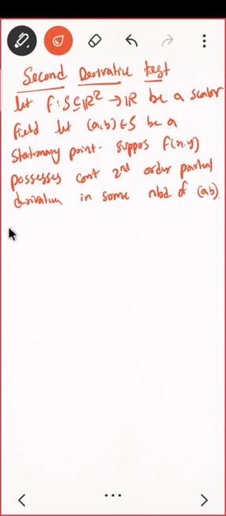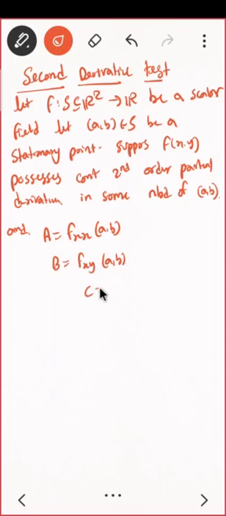And let A equal to fxx at (a, b), say B equal to fxy at (a, b), which is same as fyx, and C equal to say fyy at (a, b).